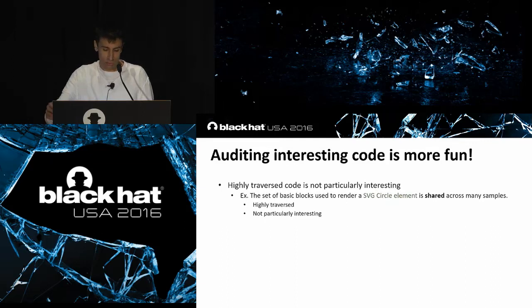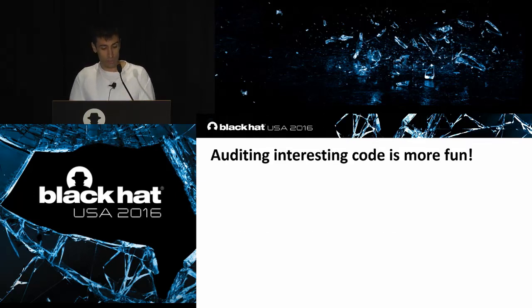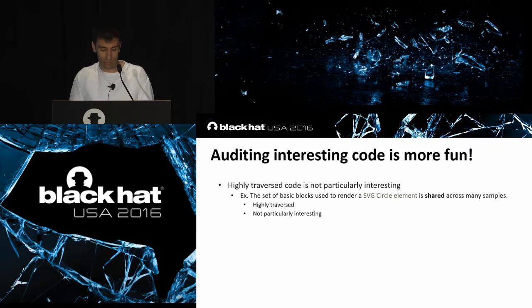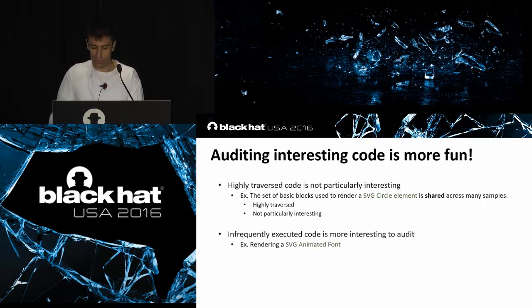And this brings us to the fact that highly traversed code is not particularly interesting. We went over this circle versus animated font sample. Well, the code that they share, I'm not all that interested in, and my time is better spent elsewhere. That circle element also shares code with a bunch of other samples.